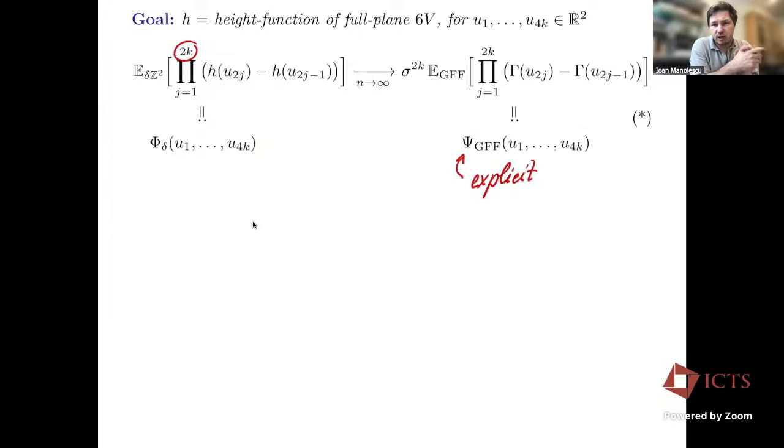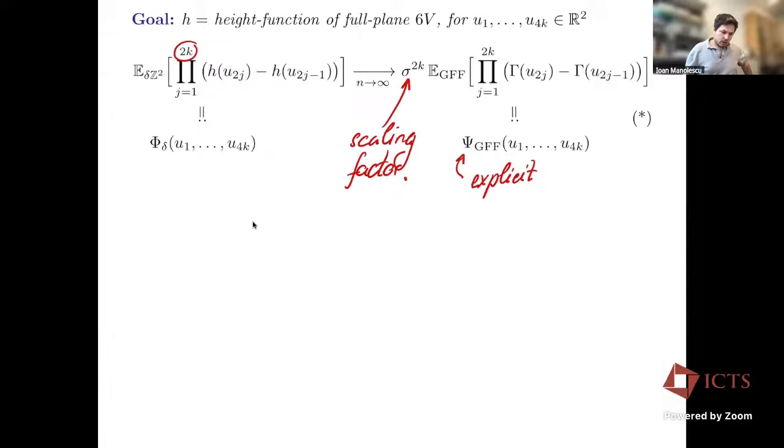This is an extremely explicit expression. You can write it out. It's just a little bit complicated to write out, so I'm not going to try, but it's completely explicit. What you expect is that, if you have a convergence to sigma times GFF, if you have here a scaling factor, since this is a moment of order 2k, you expect sigma to appear to the power 2k.